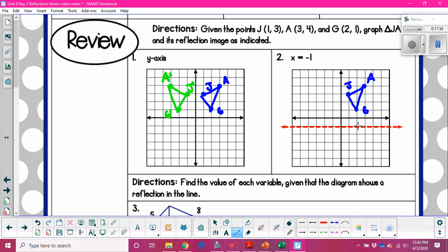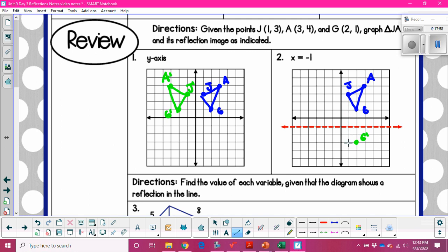Okay, so I'll start with G because it's right here. All right, you're 1, 2 away from it up here. So you're going to be 2 away from it down here. It'll be right there. So here's G prime. All right, J was up here. It was 1, 2, 3, 4 away. So it will still be 4 away.